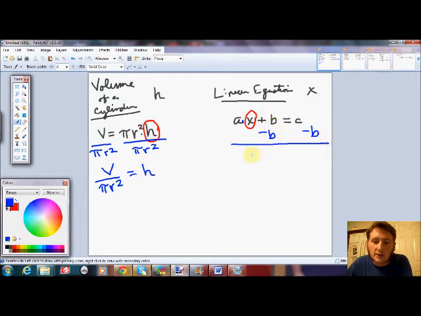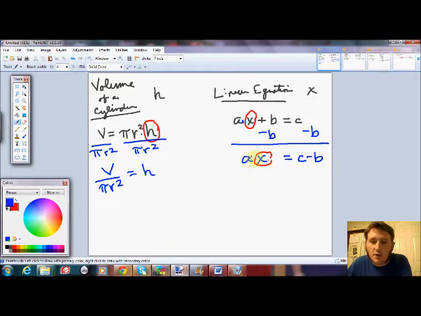So these will cancel out to 0. And you can't really do much with c minus b other than copy it. Now, still trying to solve for that x, and it's still a times x.